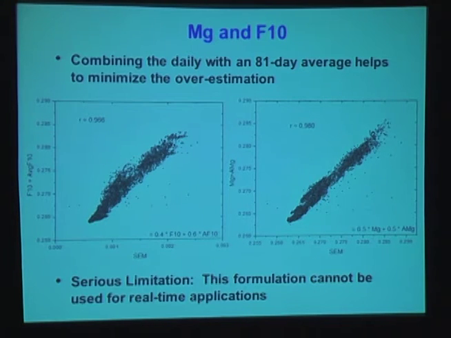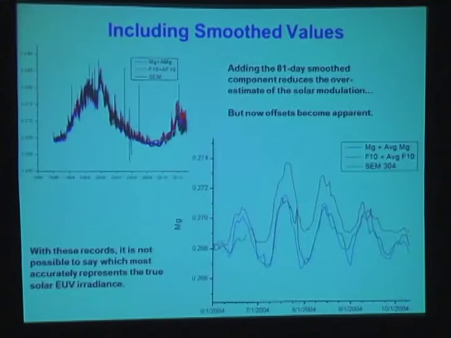It's been worked around in some cases, but you're not going to get that kind of correlation with a different formulation. But obviously now when you fit it, you can see that we've reduced a lot of scatter and we've actually captured the solar rotation modulation quite well. But we've introduced another issue, which is now we start seeing offsets. And you can see some here, especially at solar minimum, and you can see here on this declining phase that F10 in this period was high.